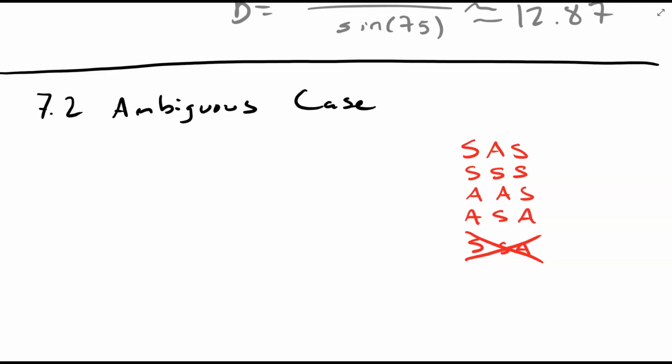If that angle is a right angle, then it's good. If it's a non-right angle, it doesn't work. And the reason it doesn't work is you could end up with 2 different triangles. And that's the ambiguous case. So each of these, you can have 1 triangle. Here you could have 2. SSA.